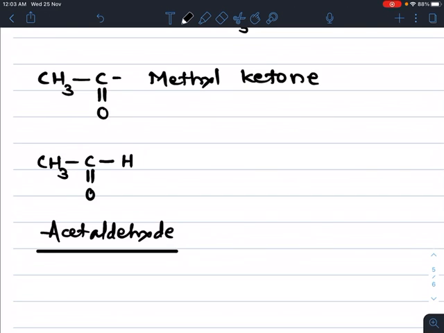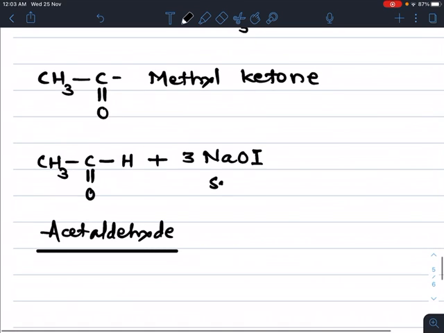So in acetaldehyde, the CH3CO group is present. When it undergoes the haloform reaction, the reaction takes place with sodium hypoiodide, NaOI.